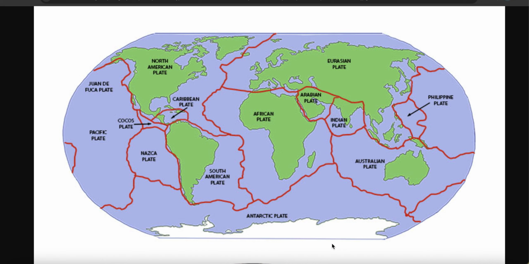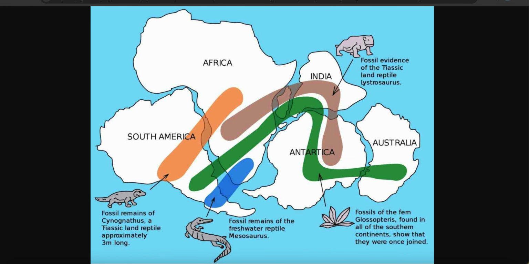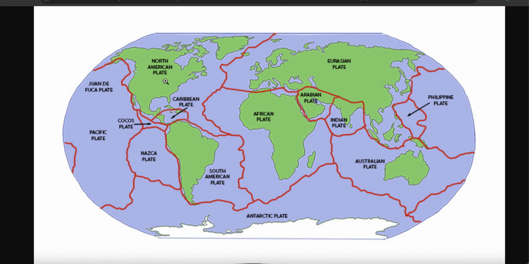Okay, so the first one we want to talk about is continental drift. And here's a map, a before and after of what continental drift essentially is. The red borders on this map are the outlines of tectonic plates.